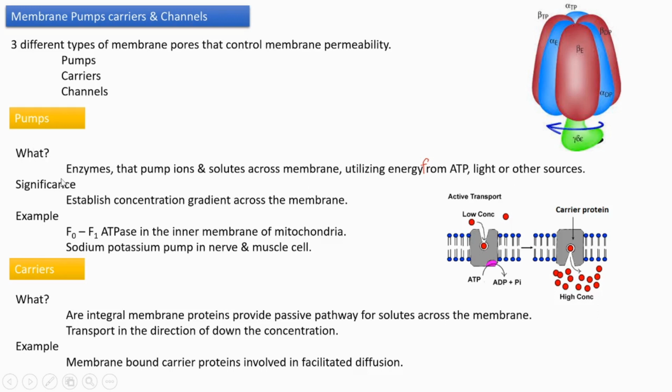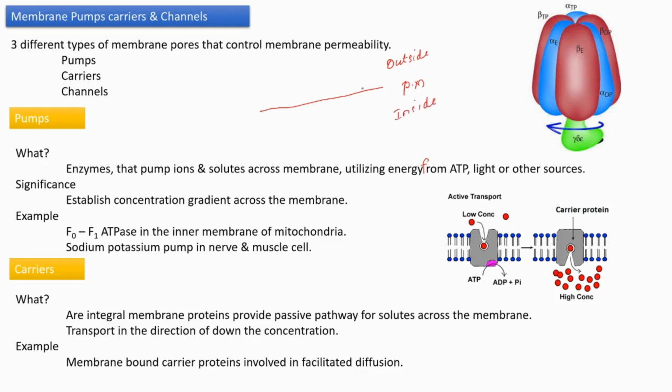What's the significance of this pump? Only because of this pump, the cell can maintain the concentration gradient. To understand that, this is a plasma membrane, and this is the outside and this is the inside.